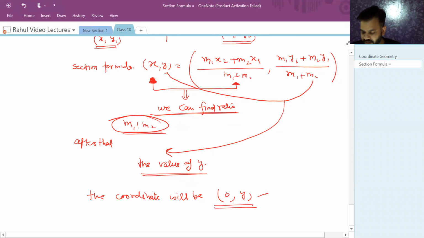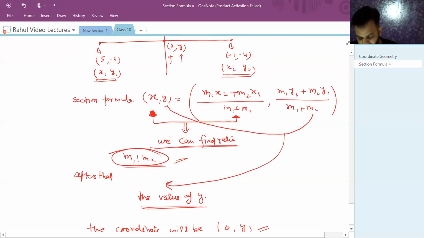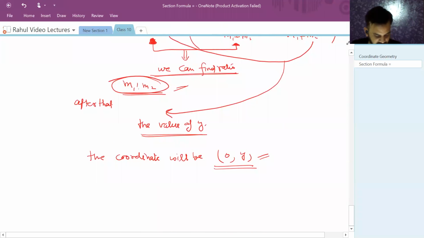That is your intersection point. That will be your ratio. So you can practice yourself. I am just giving you a hint how to solve the problem. There is one another type of problem.